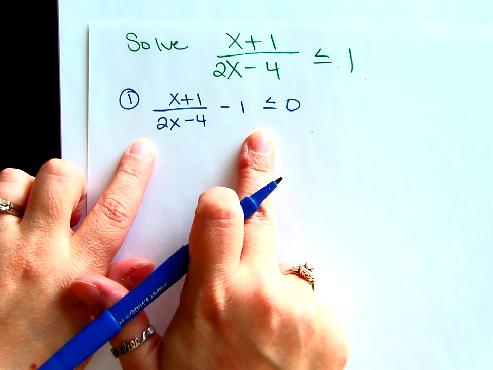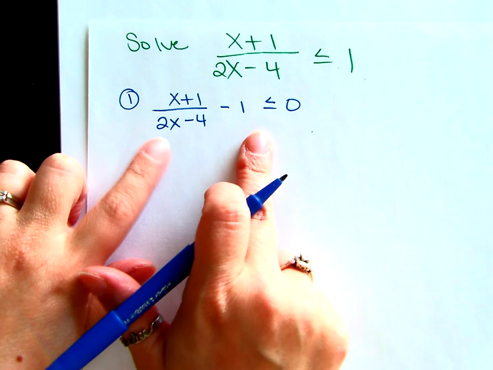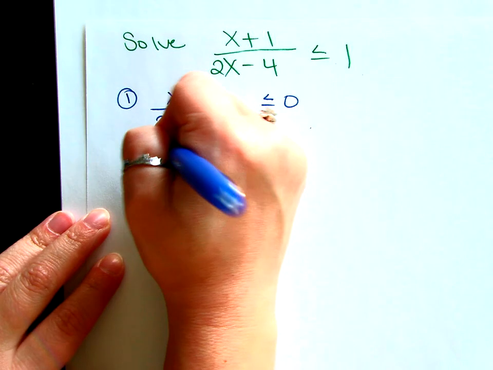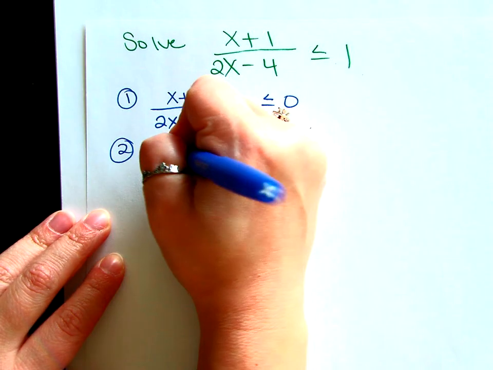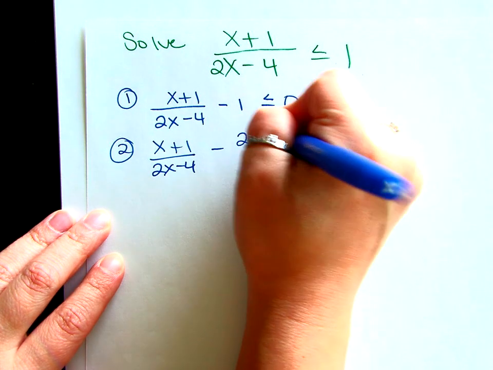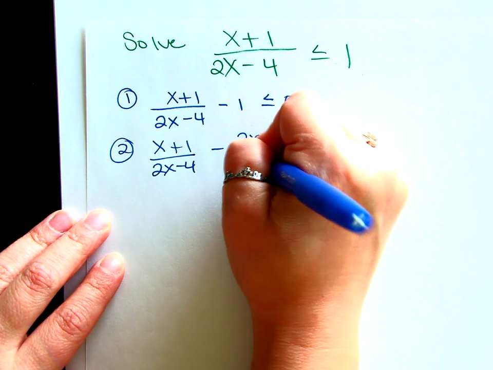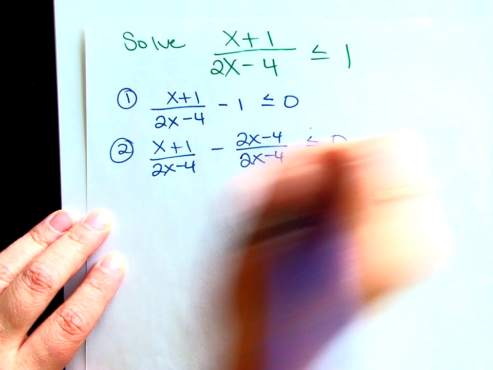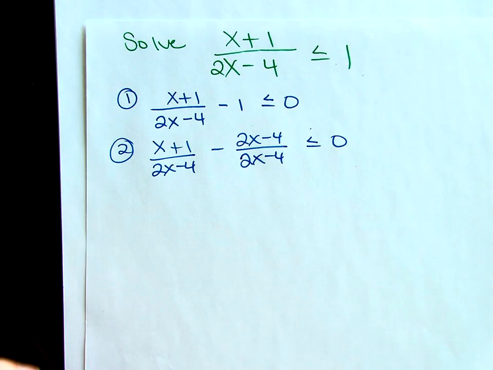We need to get a common denominator. So I'm going to have x plus 1 over 2x minus 4 minus 2x minus 4 over 2x minus 4. I changed the 1 into 2x minus 4 over 2x minus 4.